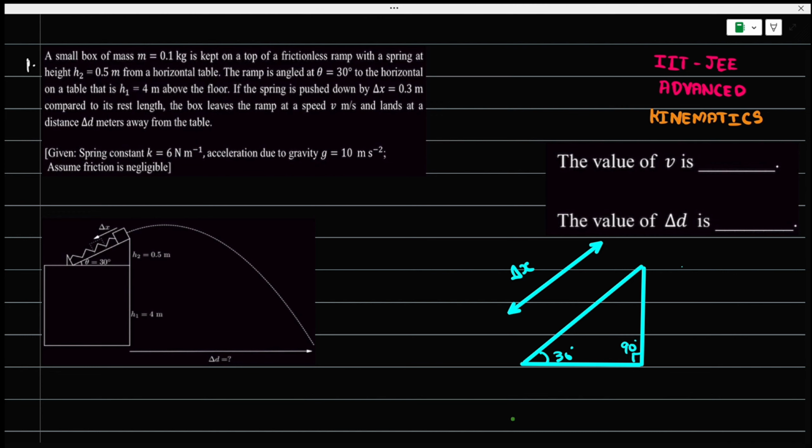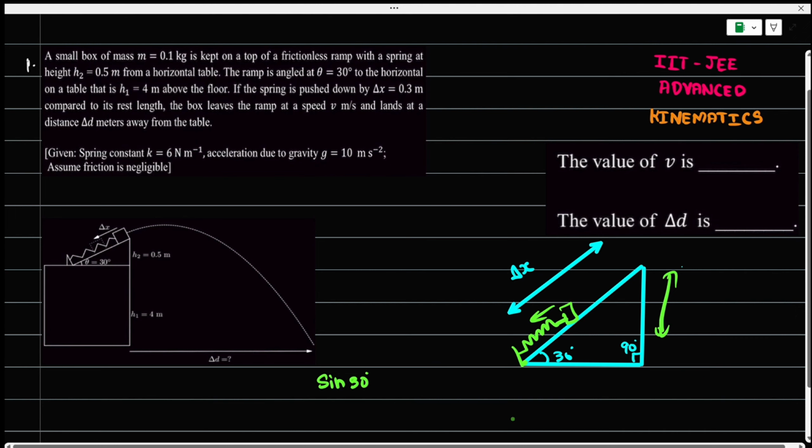Let's analyze the problem and break it into pieces so that you could understand it easily. Here there is a spring. Now this could be compressed so that the length becomes delta x. Now if this is delta x, then what will be the length of this one? So let's say sine 30 degree is equal to, the definition is opposite side by adjacent side.